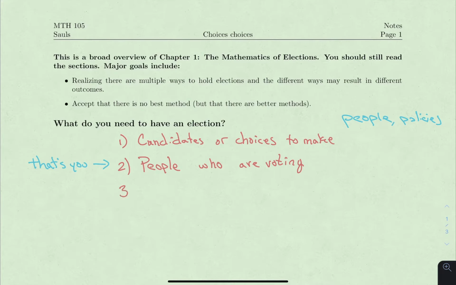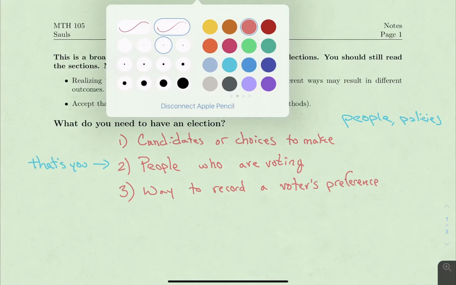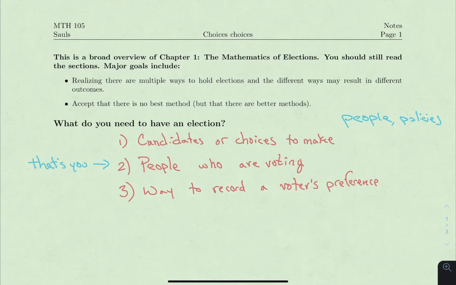Another thing you're going to need is a way to record a voter's preference. This is usually a ballot. You'll need the type of outcome that you're interested in.